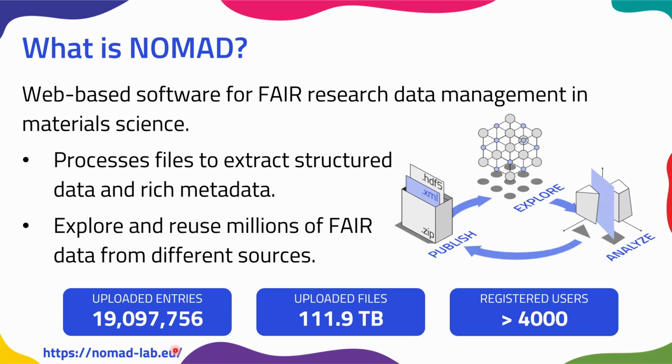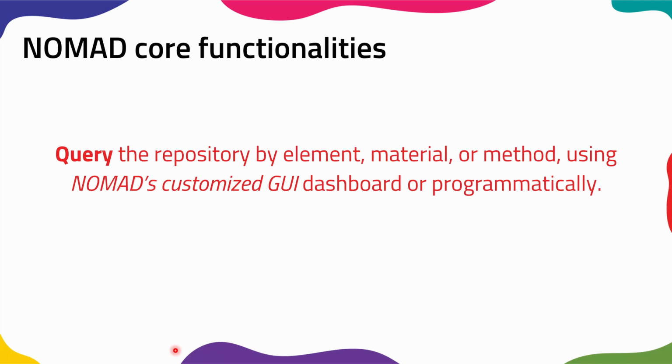So from here, I would like to take you to the core functionalities of NOMAD. The first core functionality is the ability to query the repository using various filters available, such as by element, material, or method. This could be achieved by using our graphical user interface or programmatically.